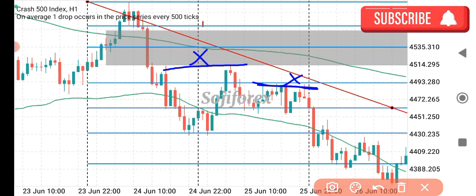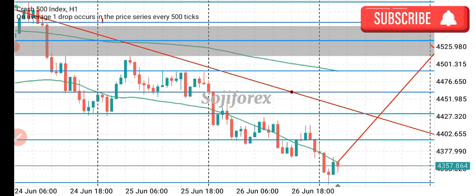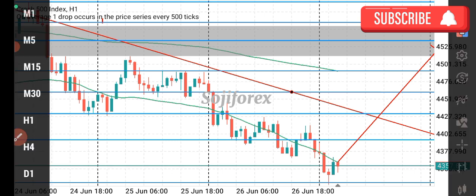So we are hoping that price will come, take this liquidity and then fill in into this hour, and we will be on our way to the downside. So that is what we are hoping to see price play out on Crash 500 from our H4 time frame. So this is our outlook.